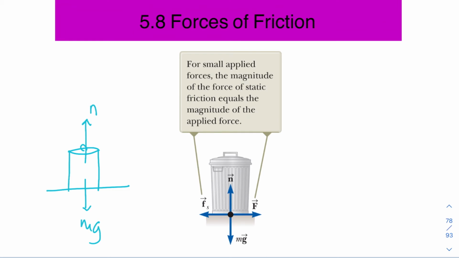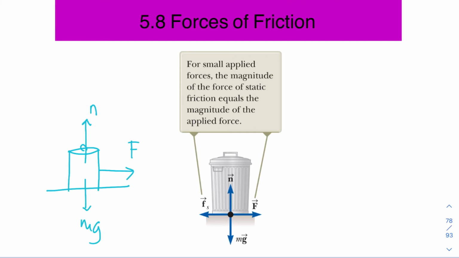But the moment you apply a force, let's say you pull it with a certain amount of F applied to the right, the tendency to move is to the right, isn't it? It's possible to move, not yet in motion.